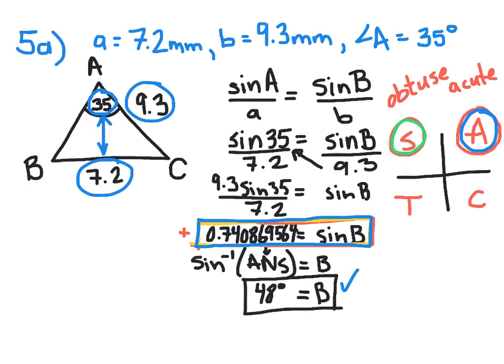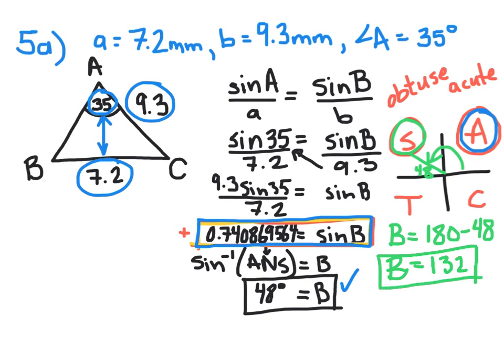We could draw it out, but in order to be in quadrant number 2, the 48 would be on this side. So to find the other answer for B, we would have 180 minus 48, and the other answer for B would be 132. So these are my two possible answers for B.